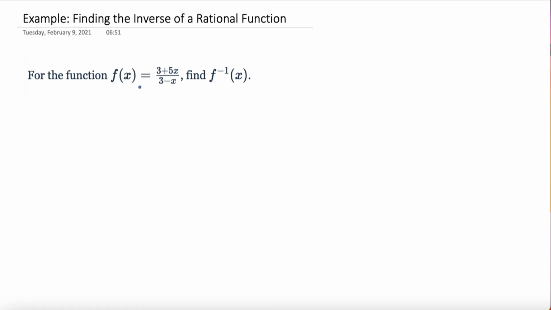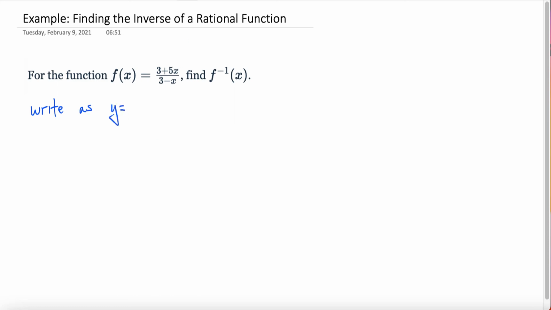So we have the function f of x equals 3 plus 5x over 3 minus x, and we want to find the inverse of f, or f inverse. Remember the first thing we're going to do is write y equals.